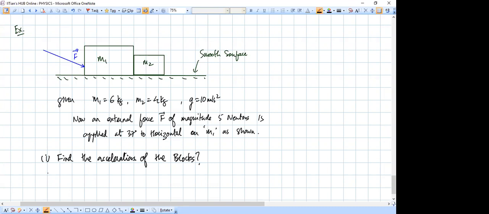Find the normal reaction force between M1 and M2. That is, they are in contact. M1 and M2 are in contact with each other. So there is a normal contact force between them. So we have to find that one.